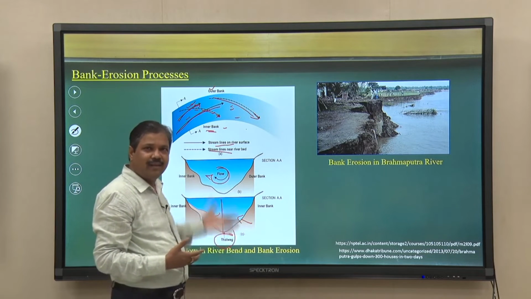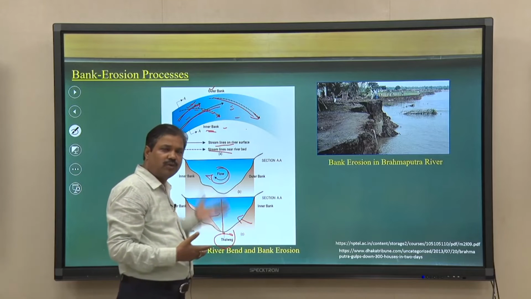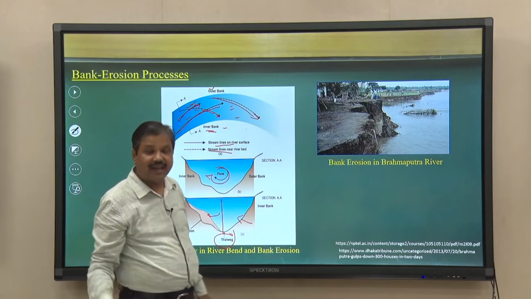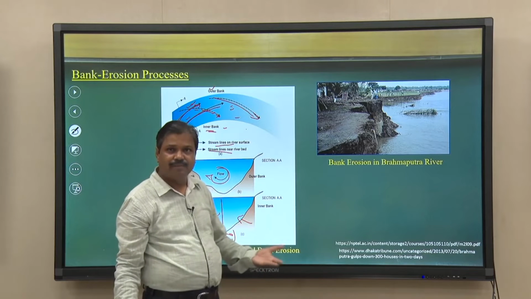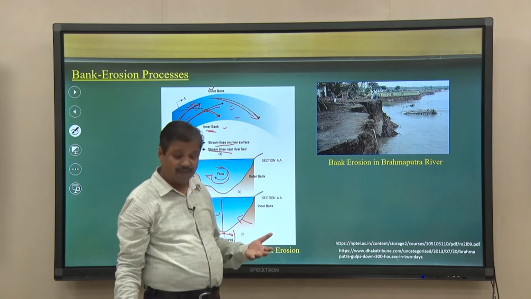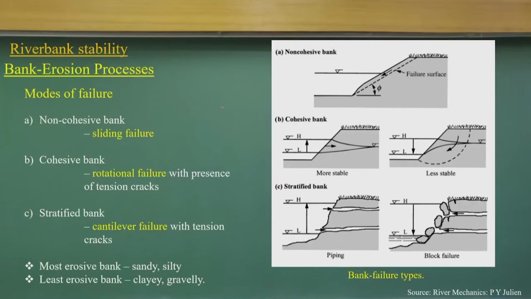And both erosion and deposition processes are initiated because of this secondary current, besides the applied shear stress acting on the bed. No doubt, let me go to the next level: how the bank erosion process happens.